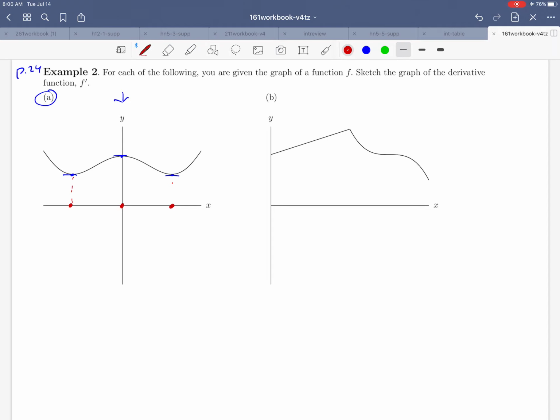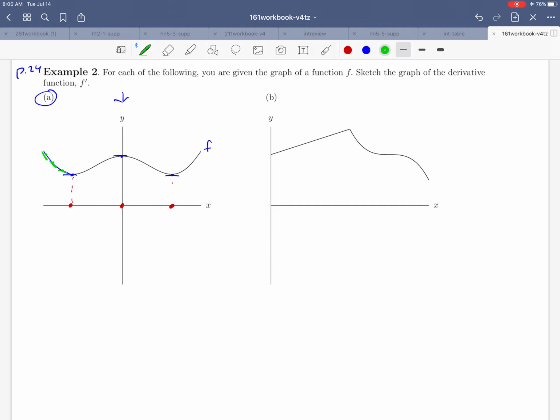Now what we're going to do is look at the graph of f one piece at a time, starting with the piece over here to the left. When you look at just that stretch of the graph, if you were to draw tangent lines along that stretch, would they be positive sloped or negative sloped? I'm just going to draw a few in.